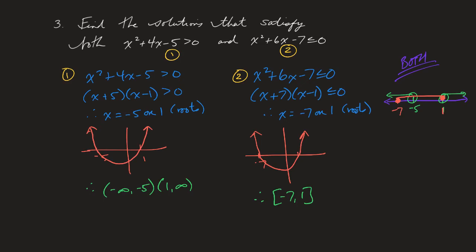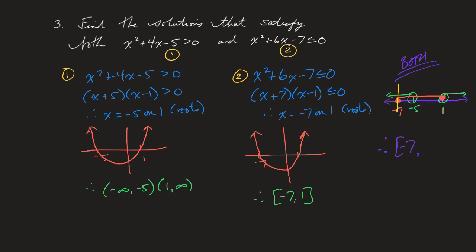Now that I have the picture, I have to answer the question both again. That means and. So I need both. So I'm simply looking, where do the red and green lines both exist? And you'll notice if I just start left to right, both the green line and the red line start at negative 7 and include negative 7.